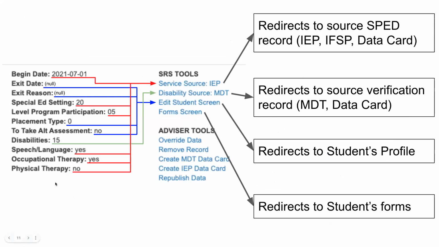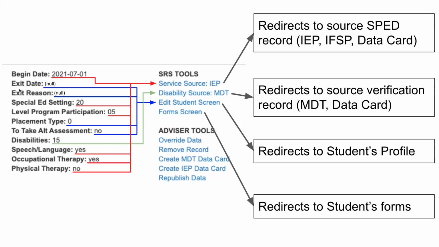So this picture illustrates which data elements come from which special education records. The begin date, the SPED setting, the Part B, Part C participation, and then the SPED services all come from the IEP or the IFSP. And then the disability only comes from the MDT.